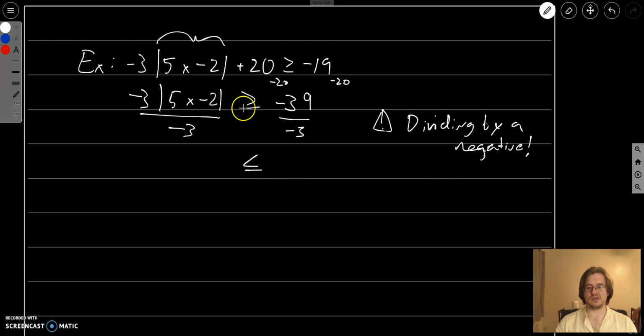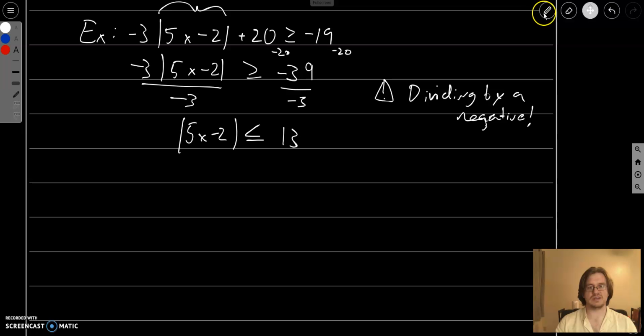So what was a greater than or equal to sign is now going to be a less than or equal to sign. So the negative 3 cancel out. So we'll get the absolute value of 5x minus 2 is now going to be less than or equal to negative 39 divided by negative 3. Well, that's 13. So now the absolute value of 5x minus 2 is less than or equal to 13.